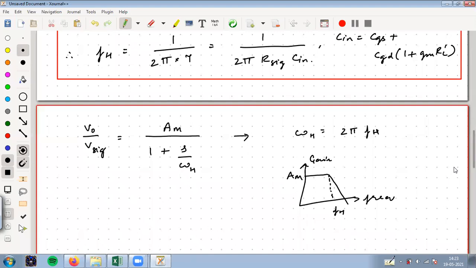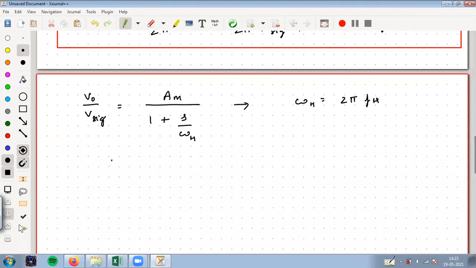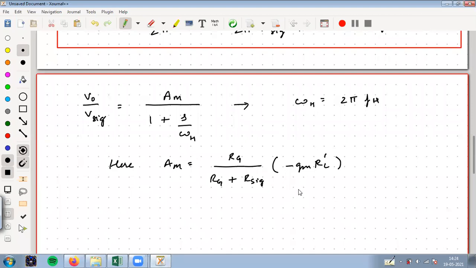AM here is actually given by RG by RG plus R signal into minus GM R. Here I want to point out one thing. Here RG is the gate resistance.